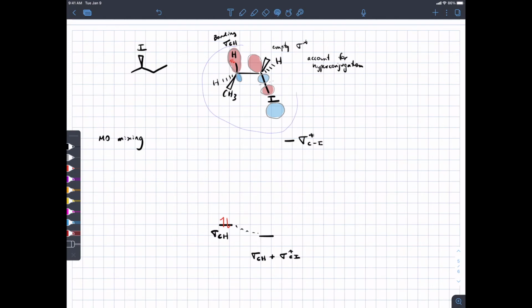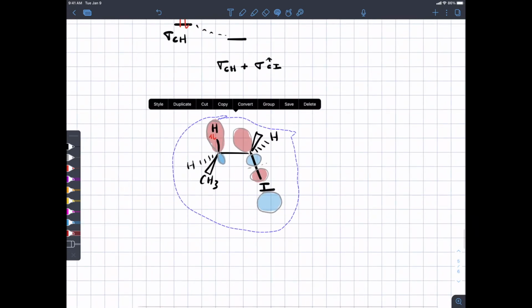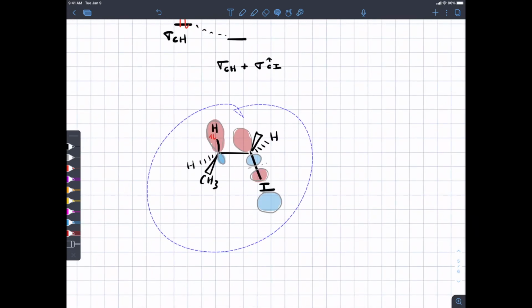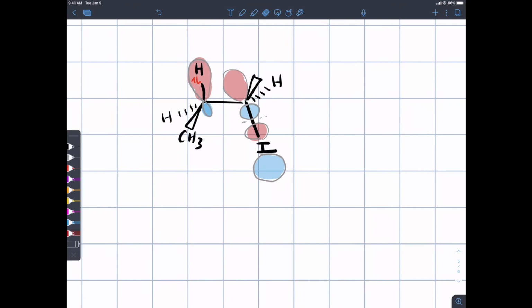The resulting orbital that you would get from that plus mixing combination would be like this. We could draw it schematically like that. But if you were to actually try to draw what the new molecular orbital would be that accounted for that filled carbon-hydrogen bond interacting with the empty antibonding orbital, it would look something like this.